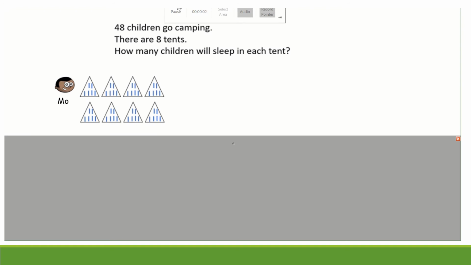How did you get on? This time the problem is about sharing the 48 children equally into 8 tents. Mo has drawn 8 tents and shared out the 48 children, and you can see there are 6 in each tent, so each tent sleeps 6 children.